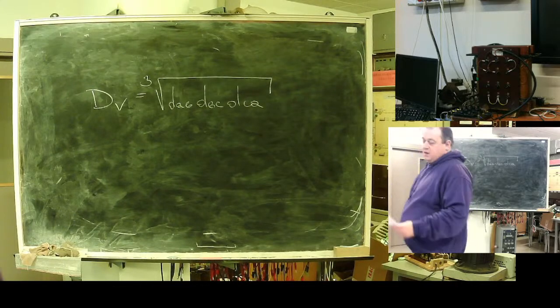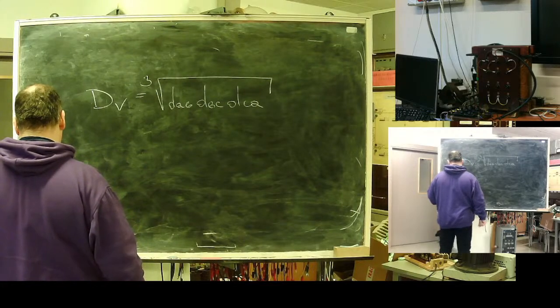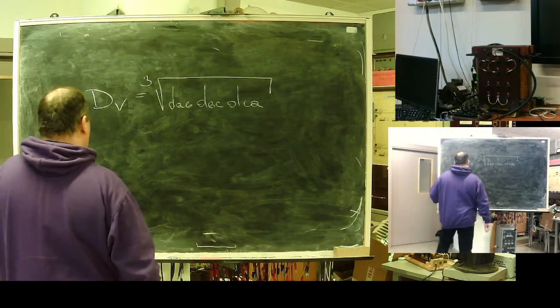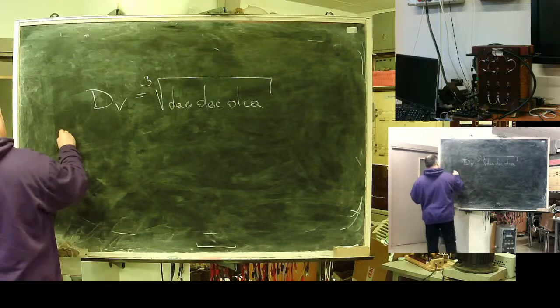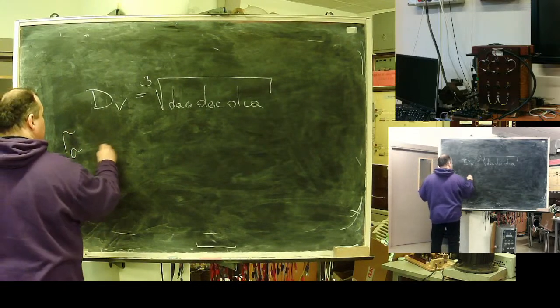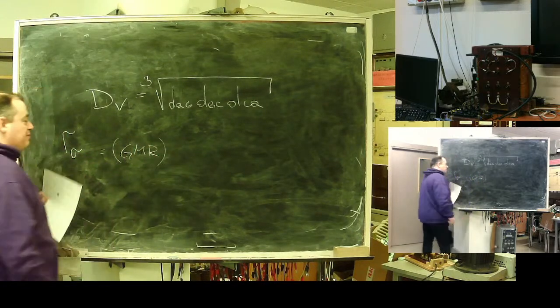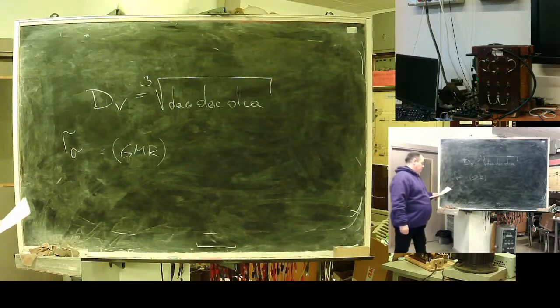And the average geometric radius for the whole line, sometimes also marked as GMR, but this is GMR for the whole line.